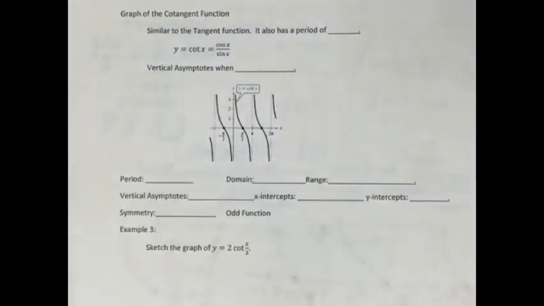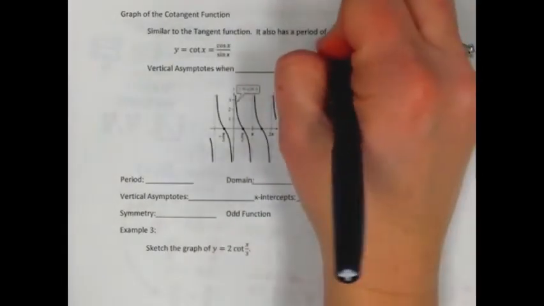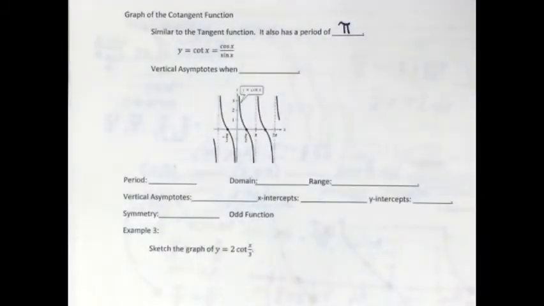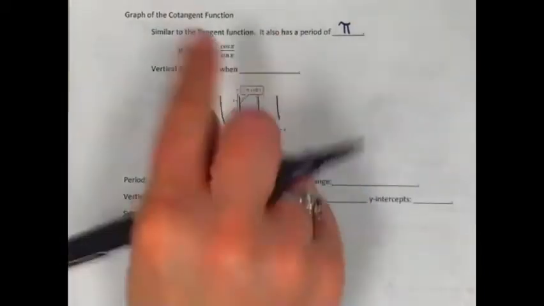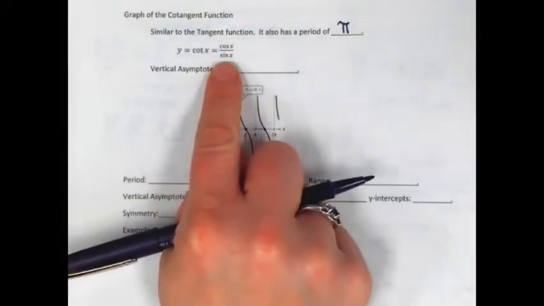Cotangent. Cotangent is just the reciprocal of what? Tangent, right? So again, what is going to be the period of a cotangent? The only difference with tangent and cotangent is in cotangent, now we're dividing by the sine of x.